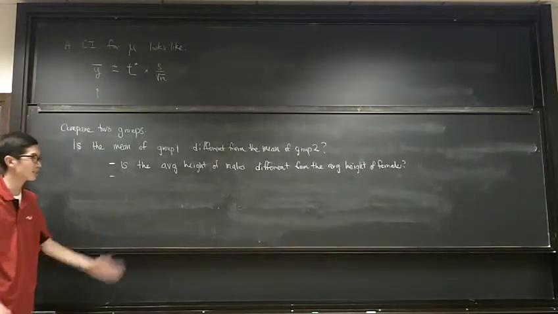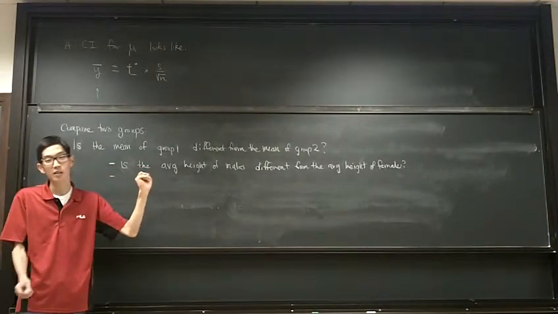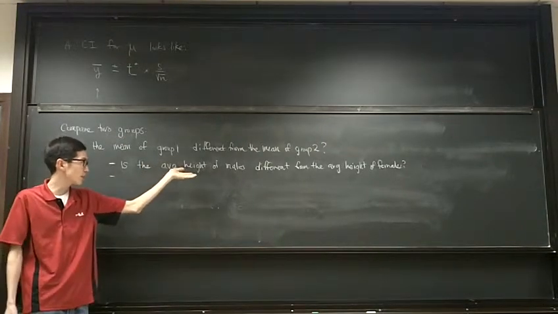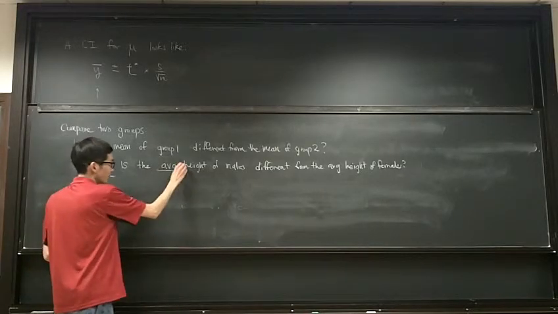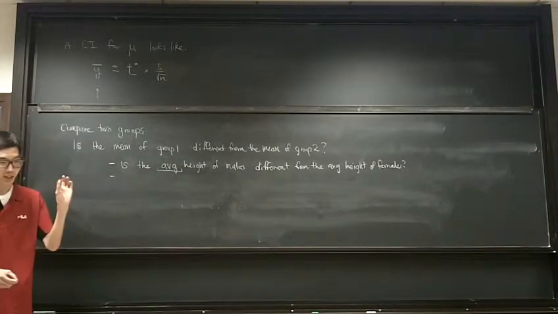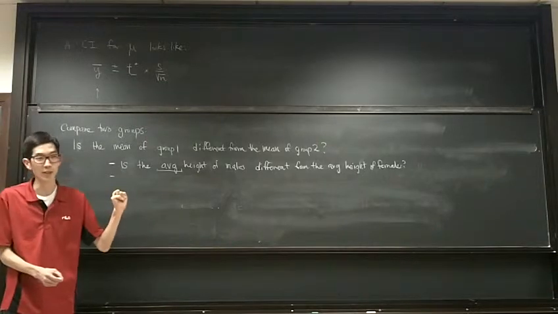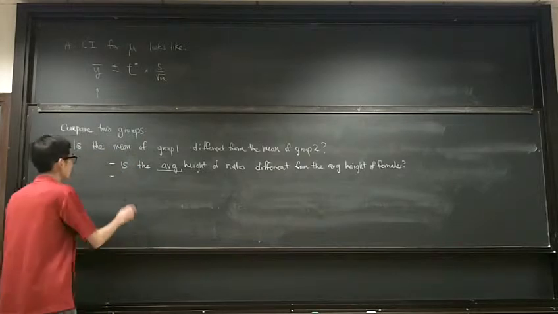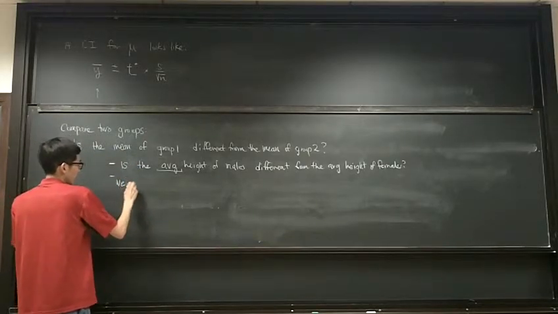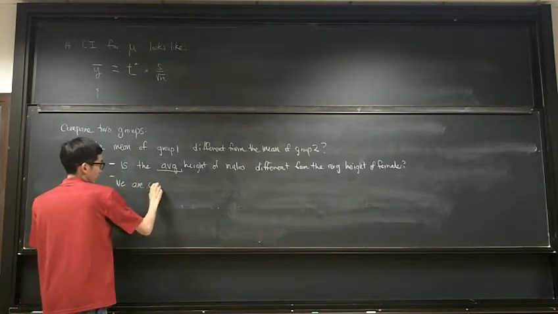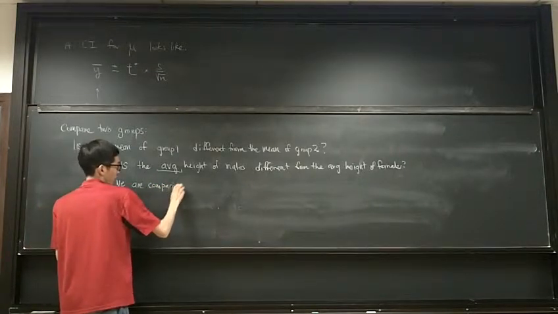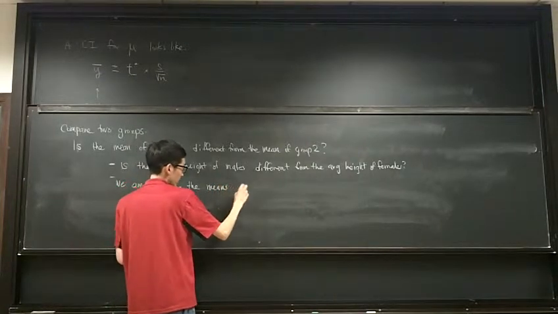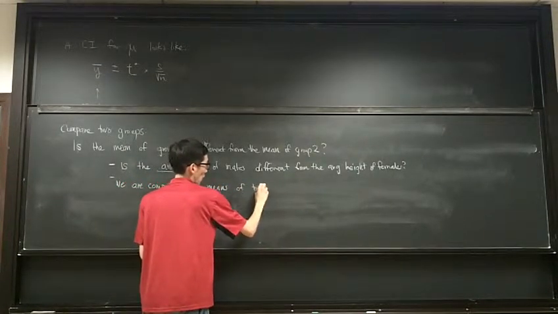There's all sorts of things we can ask, and the only requirement is that the thing we are talking about has an average, or that we can calculate a mean for it. So this limits us to numeric variables. So in essence, we are comparing the means of two groups.